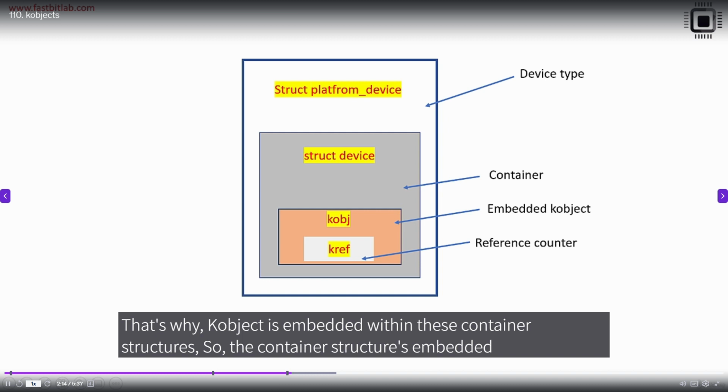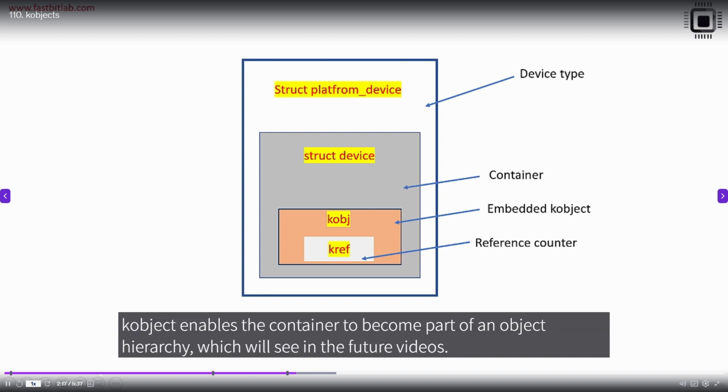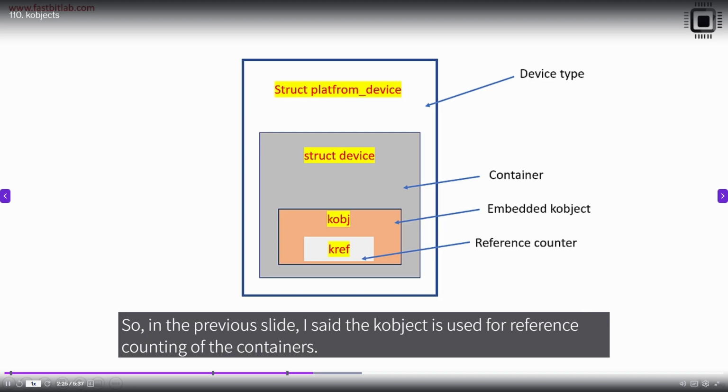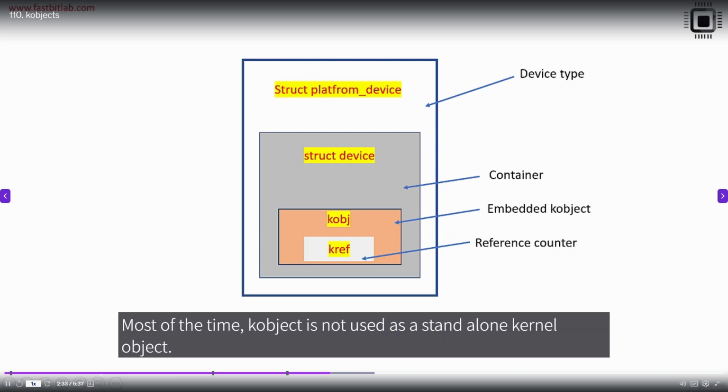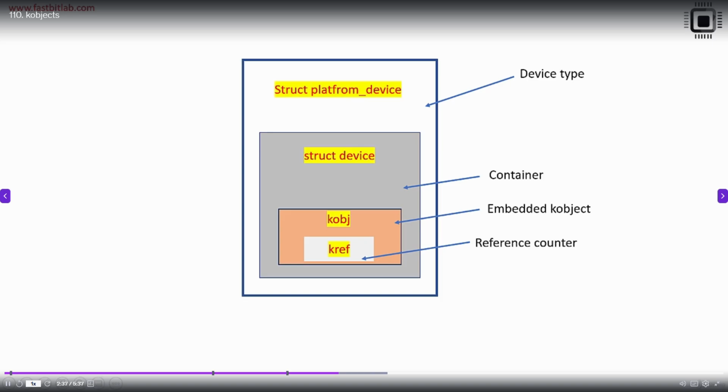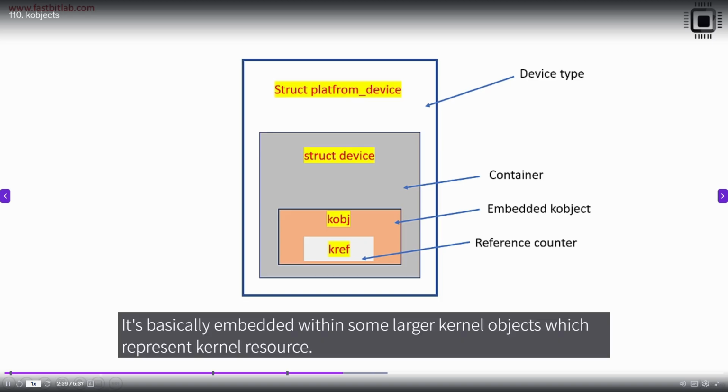So the container structure's embedded K-object enables the container to become part of an object hierarchy, which you'll see in future videos. In the previous slide, I said the K-object is used for reference counting of the containers. Most of the time, K-object is not used as a standalone kernel object. It's basically embedded within some larger kernel objects which represent kernel resources.